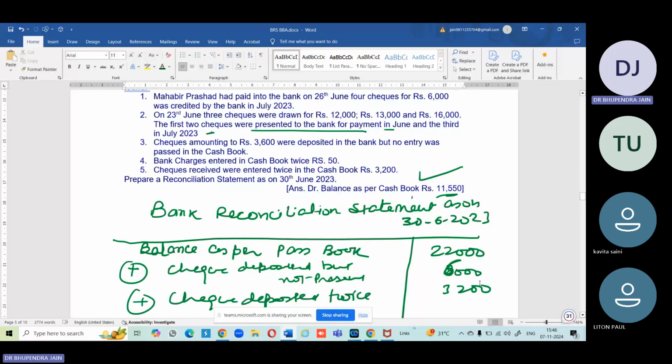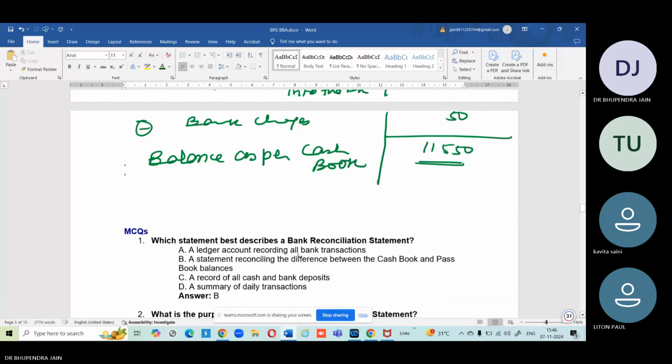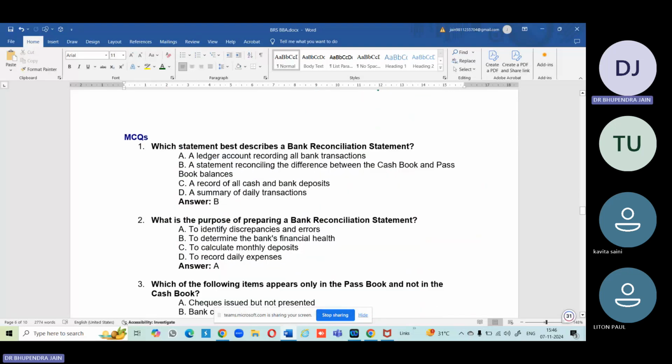Now, some multiple choice questions. Okay, we just solve the questions. Now read one by one all the question alternatives and choose the correct alternative. Which statement best describes a bank reconciliation statement?